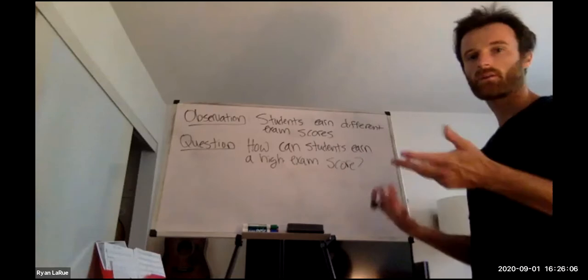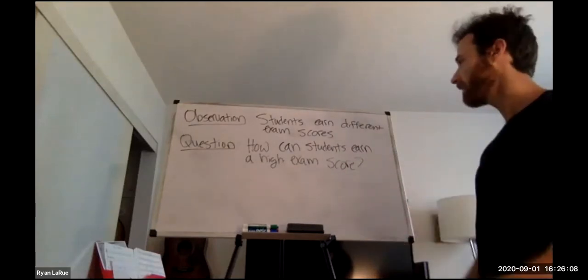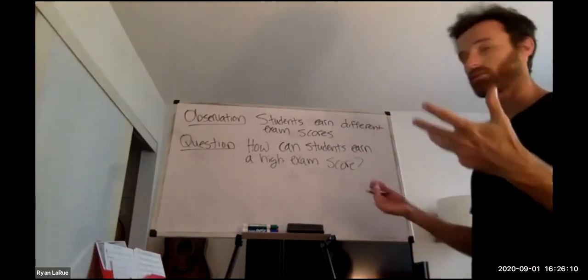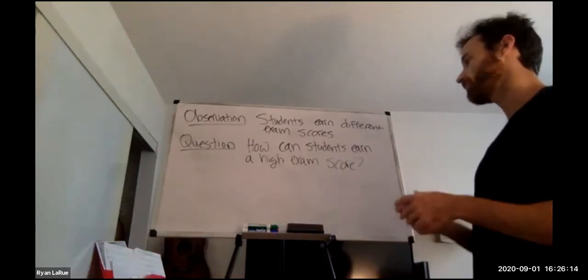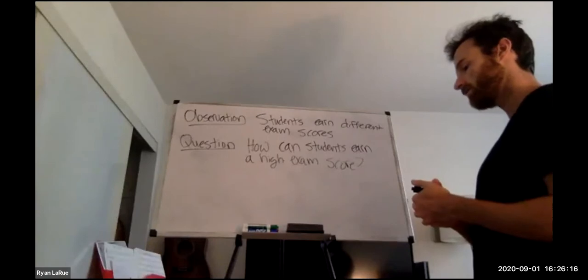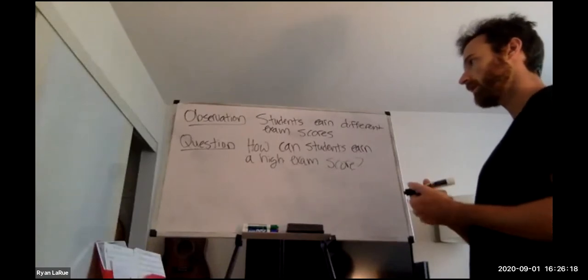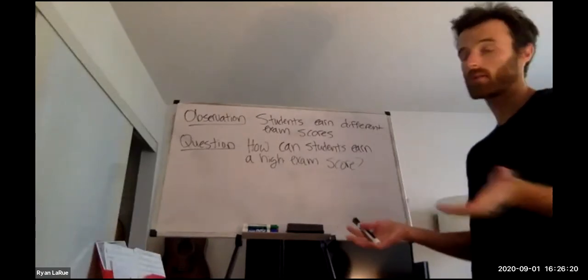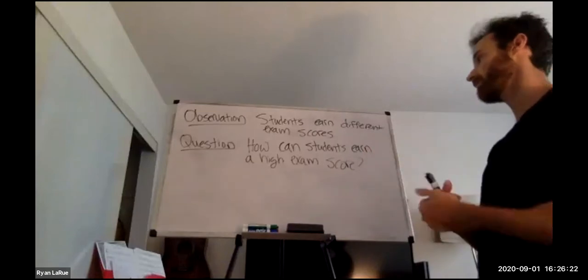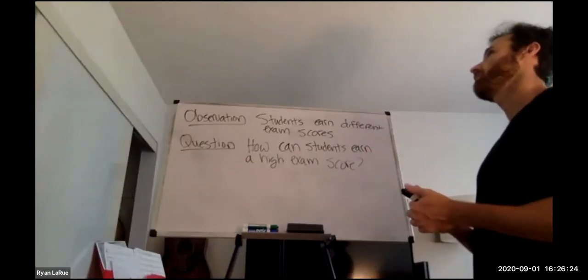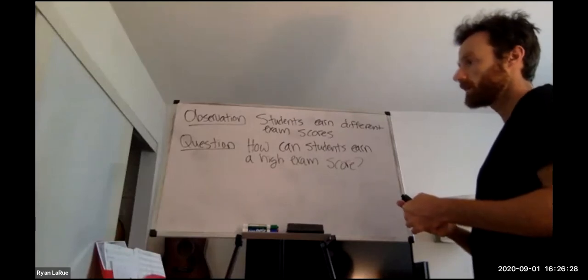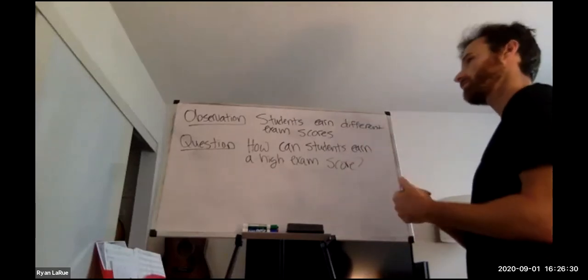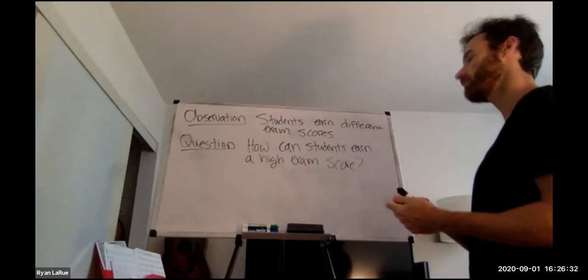So we can obviously formulate many hypotheses. We could say students who study a lot can earn a high exam score. We could say students who have a previous background in science earn higher exam scores. Students who exercise more, or what would be another reason?